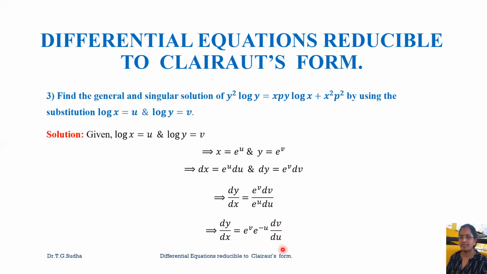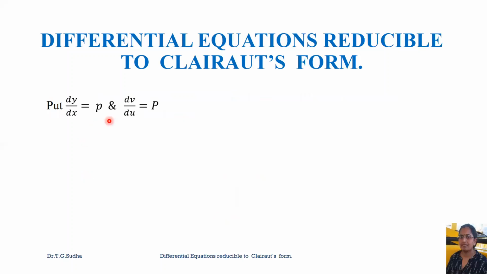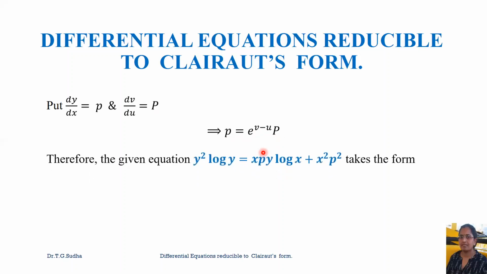Let us use the notation dy by dx is equal to small p and dv by du is equal to capital P. With this notation, the above equation reduces to small p equal to e to the power of v minus u into capital P. Let us use this substitution in the given differential equation, that is y square log y equal to xpy log x plus x square p square. Let us give the substitution for x, p as well as y.